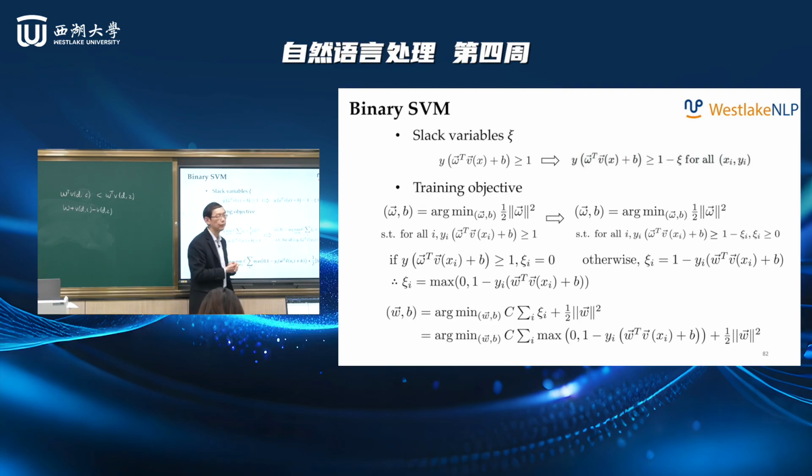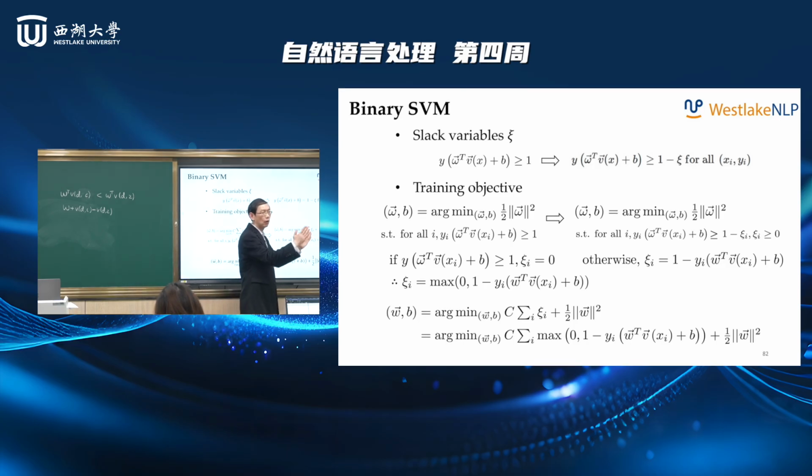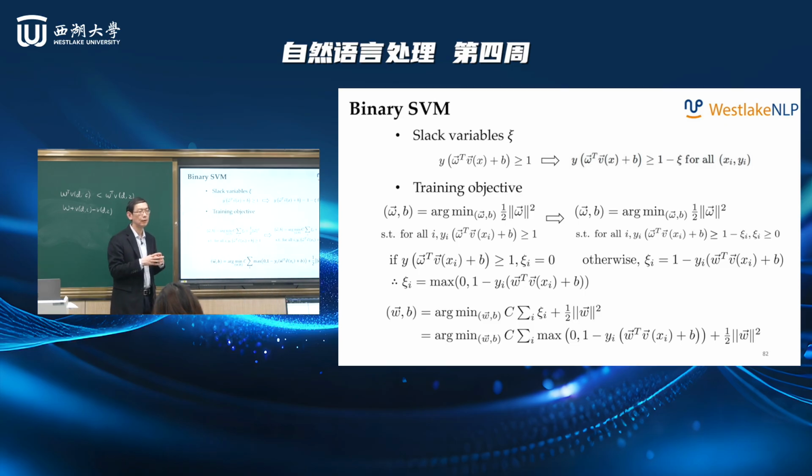So in the end, I only need to minimize the sum of all slack variables plus W norm. That's my new objective. I want to minimize the violation to the score plus my original score margin. So that's a new training objective.